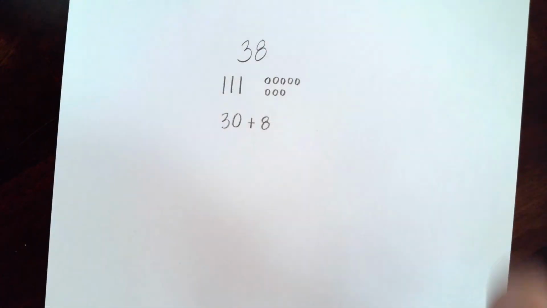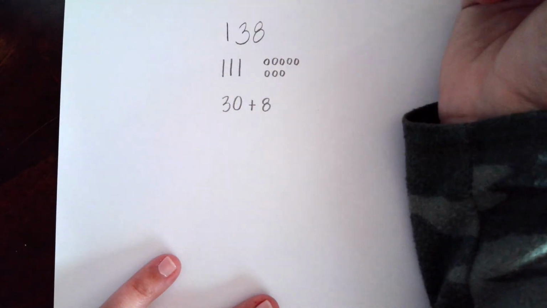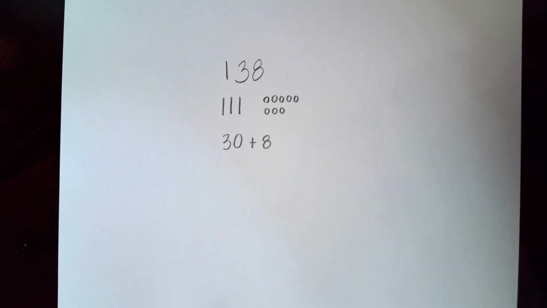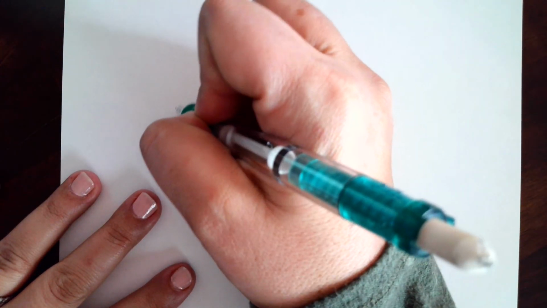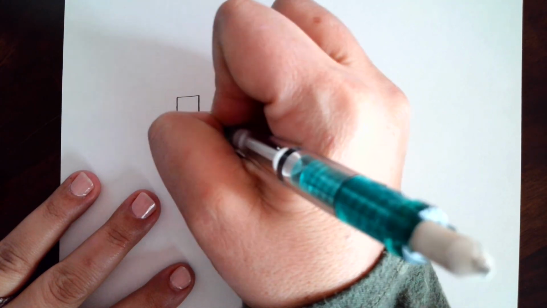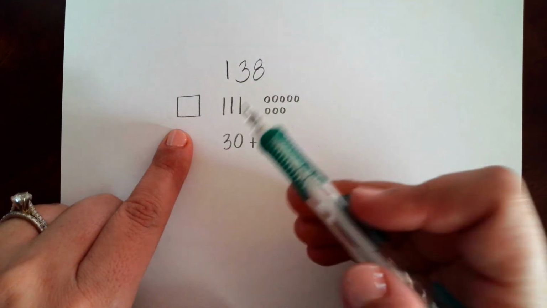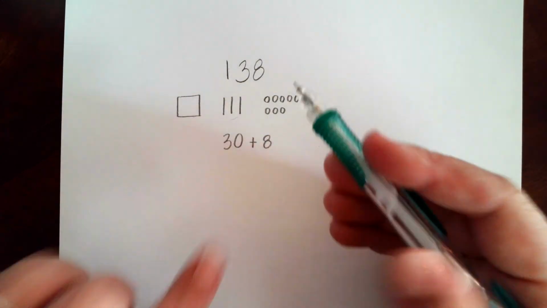So 38. Now, if I wanted to change this number to 138, what would I add? Do I need to draw 10 more 10 sticks? Nope, I don't need to. I can draw a hundreds box. So this is 138.